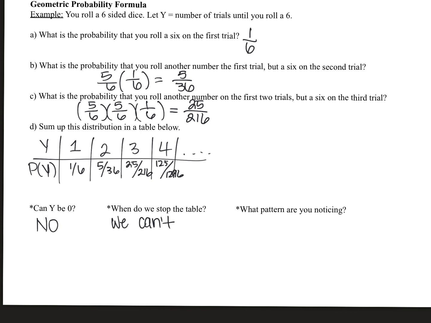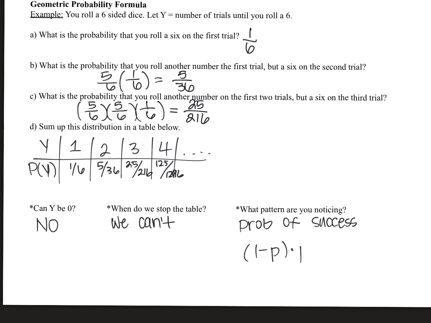And then when it comes to the pattern, if we're looking at probability of success, it's 1 minus p times p. So 1 minus p here is the number of failures. If we look at the dice, 5 out of 6 are not a 6 times the probability of success, 1 out of 6.